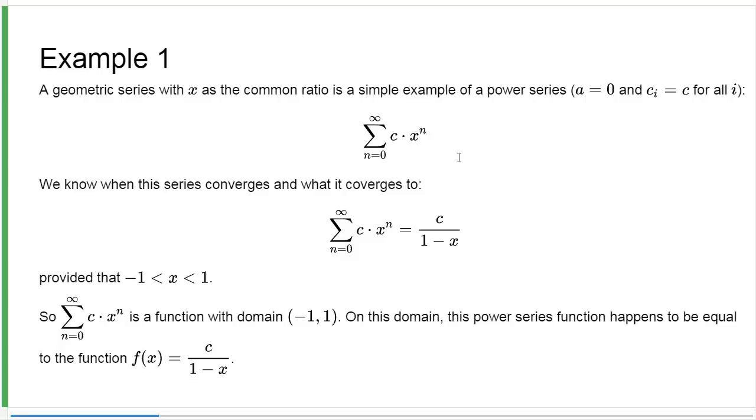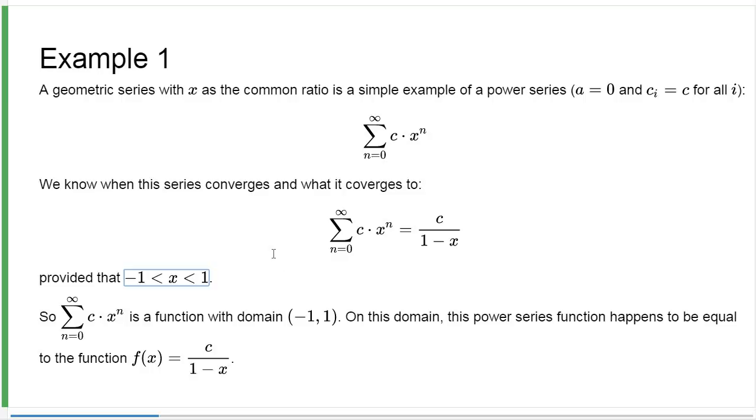So we know what this converges to. We saw that last time. The geometric series with initial term c and common ratio x here, in place of the common ratio r, is equal to c over 1 minus x, as long as x is in this range of values.